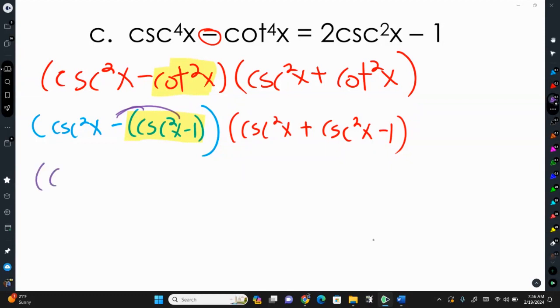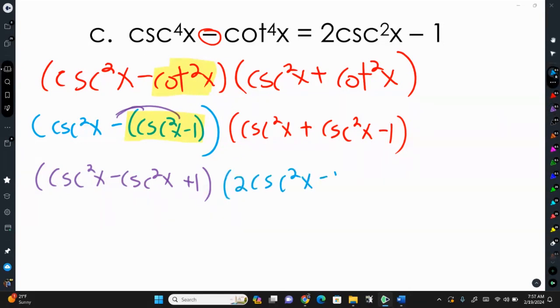So I have cosecant squared x minus cosecant squared x plus 1 times, I can combine these like terms, so it's going to be 2 cosecant squared x minus 1. And we're starting to see how this is going to form.